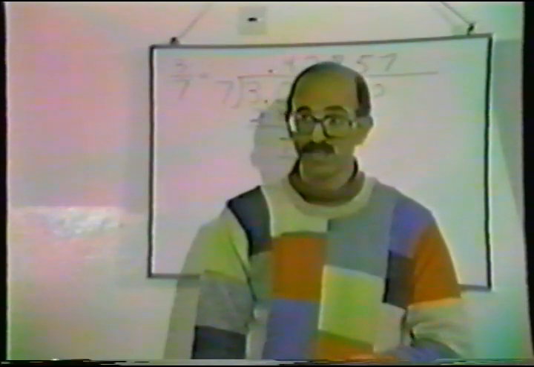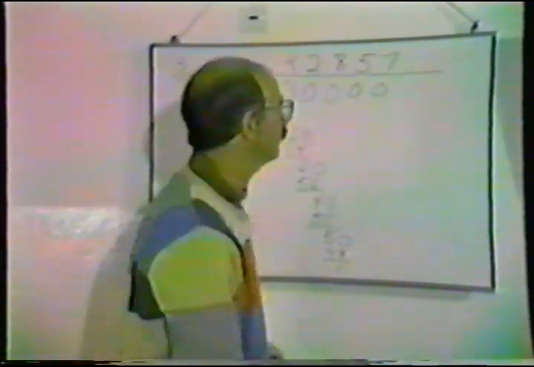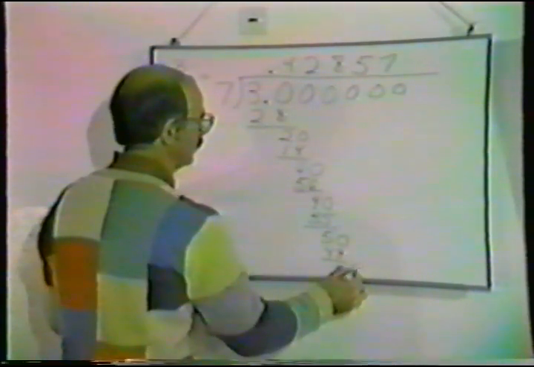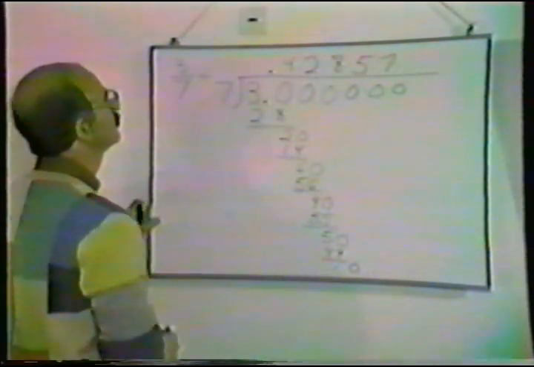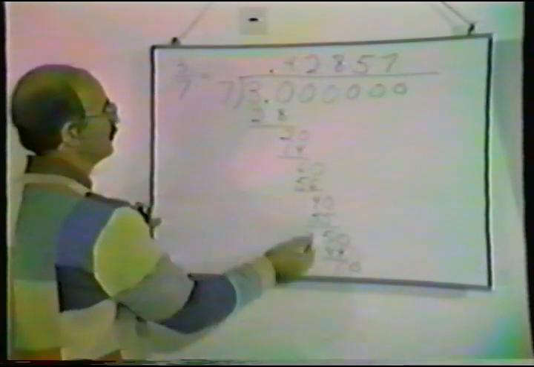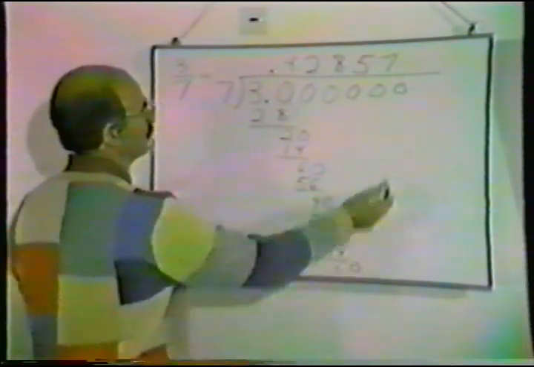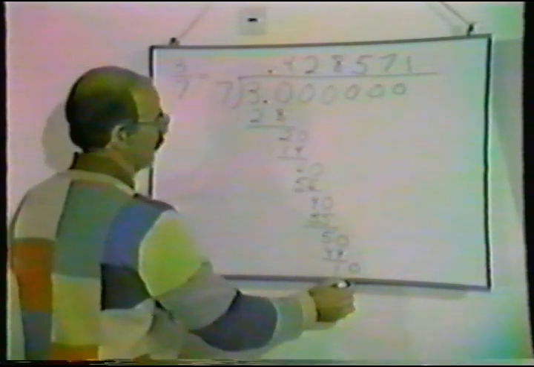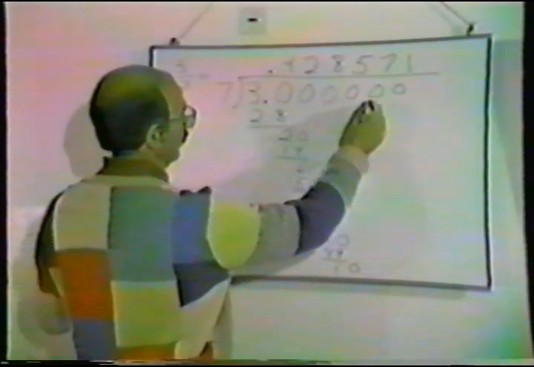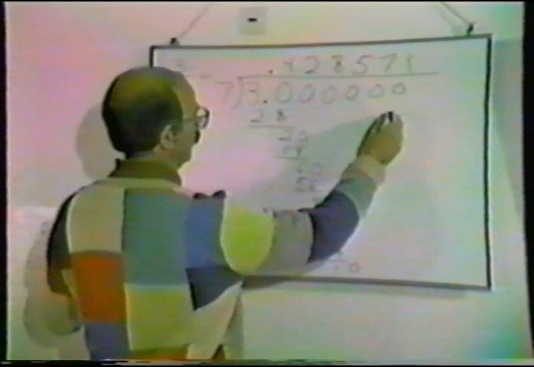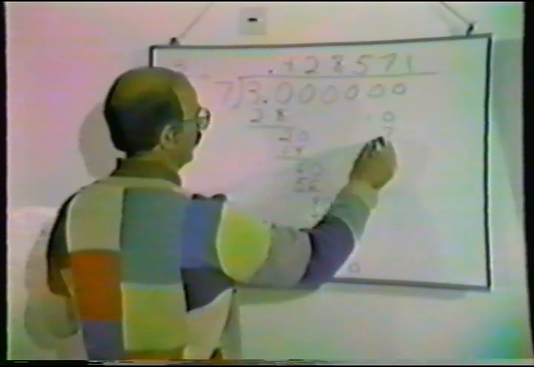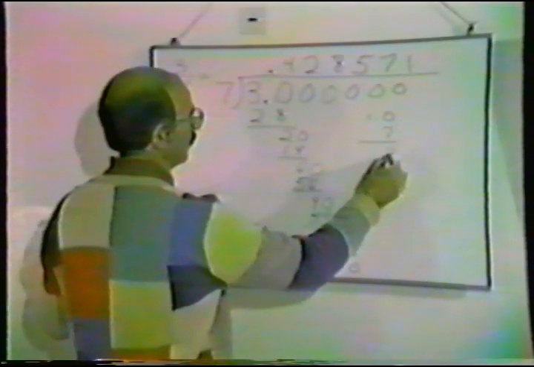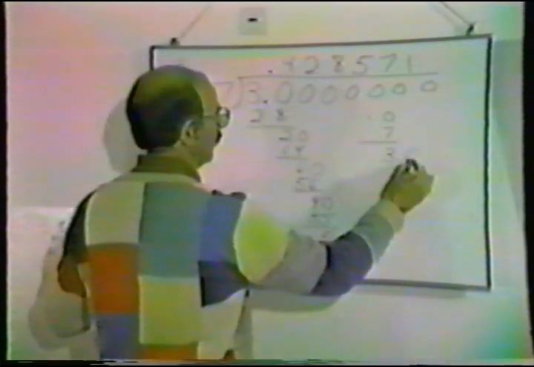Does this ever end? Well, let's find out. Bring down another 0. 7 into 10. 1. 1 times 7. 7. Well, we can't write it here. Let's just bring it all up here. 10 take away 7. 3. Bring down another 0.